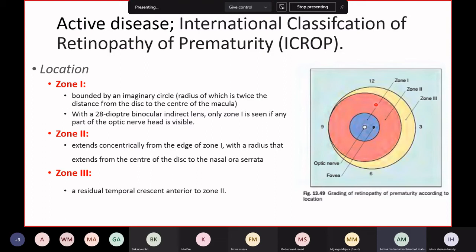Because of the oxygen therapy, when you give liberal oxygen, you give maximum oxygen treatment. This will help the patient to survive, because those infants have premature lungs and they usually desaturate easily. So when you give them oxygen, you try to help them to survive. But the problem is this hyperoxia affects the vasoregulatory mechanism of the retinal blood vessel.